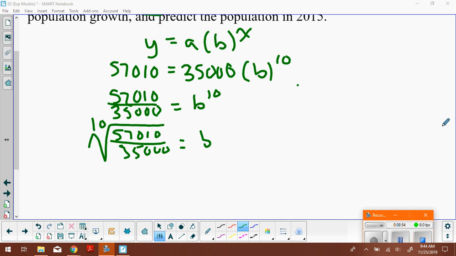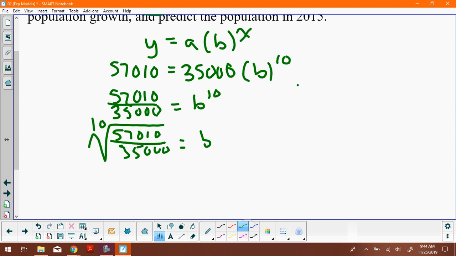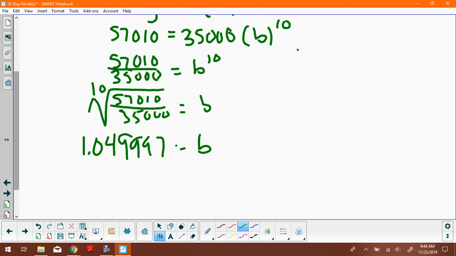Okay, so we'll run that through. I got 1.049997 and so on. So realistically, b is approximately equal to 1.05.